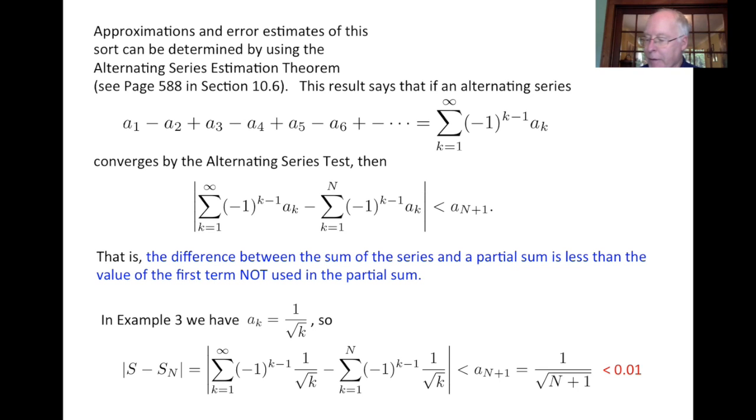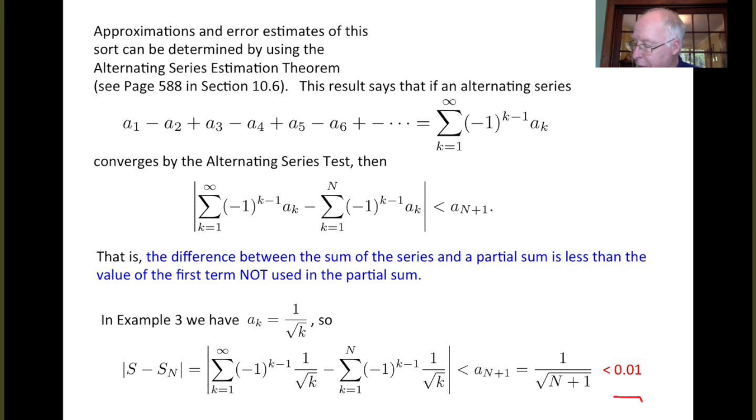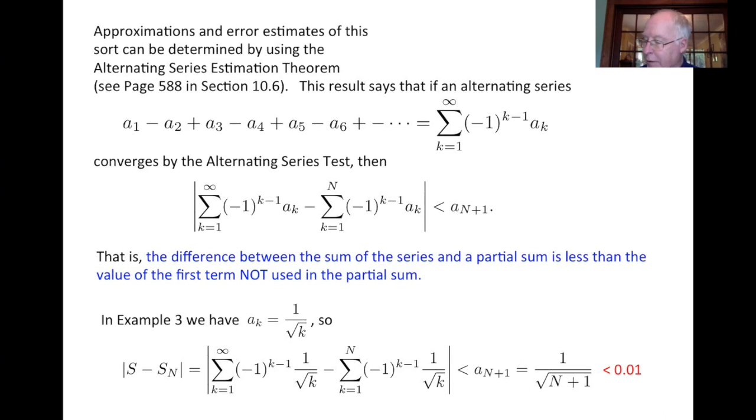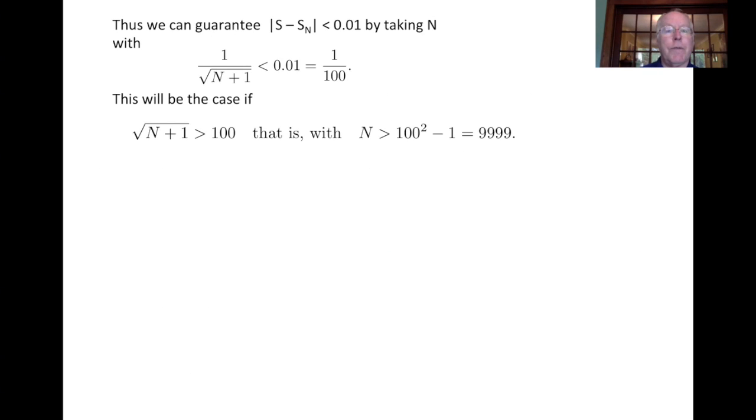And so we see here, this is what we want to happen. If we can make this happen, then we'll know that this difference is also less than 1/100th. Now this last inequality is a very easy one to solve.